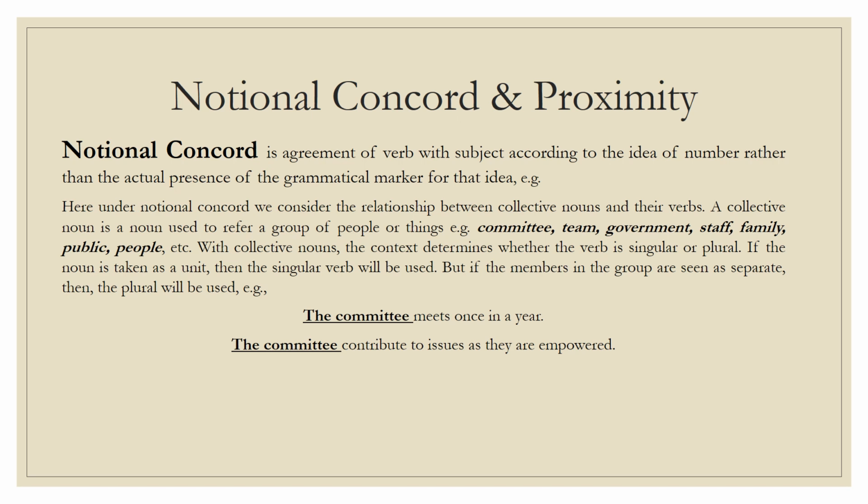What do we mean by collective nouns? A collective noun is a noun you use to refer to a group of people or things. For example, we have committee, team, government, staff, family, public, people, etc. If you examine these nouns, you see that they are singular in form. They do not have s at the end.